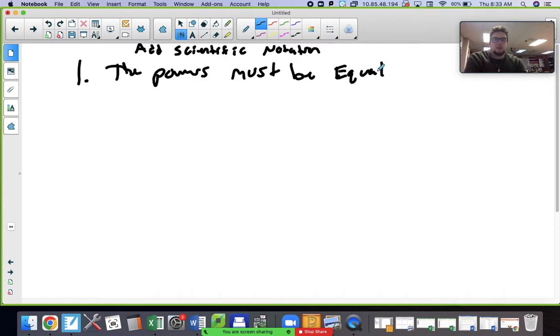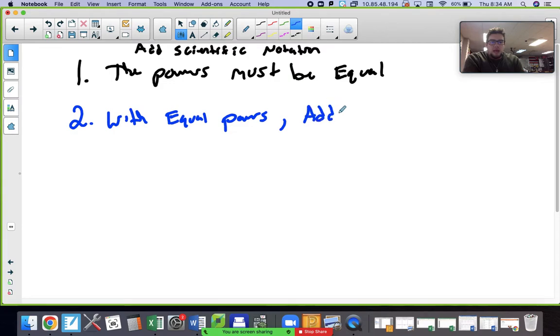They have to be equal. Once they're equal, then everything is lined up appropriately for their place value. So if they're not equal, we're going to make them equal. Once you have equal powers, we're just going to add the numbers.